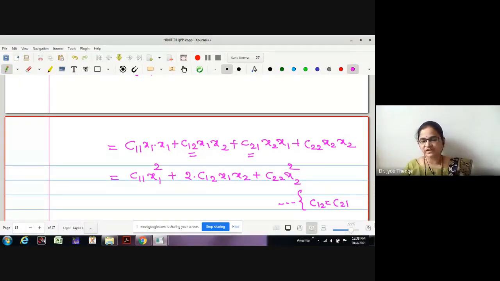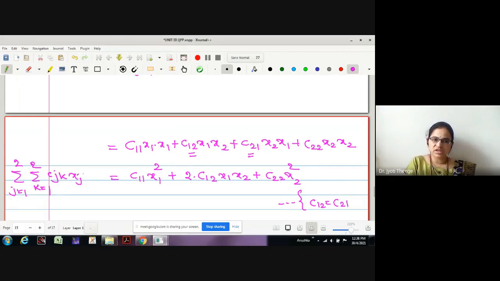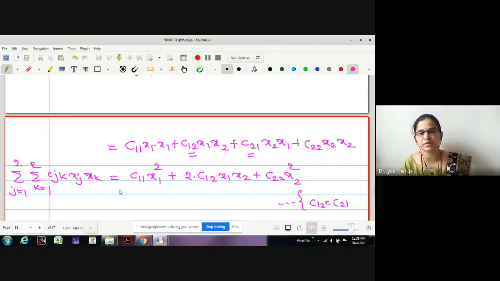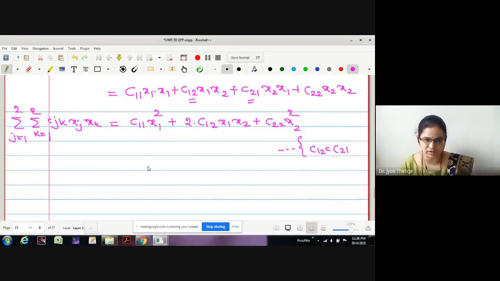For the sake of convenience, we have taken this to be a symmetric matrix. Therefore, the double summation j equals 1 to 2, k equals 1 to 2, cjk xj xk gives me this value. Now let us differentiate with respect to one of the variables partially.